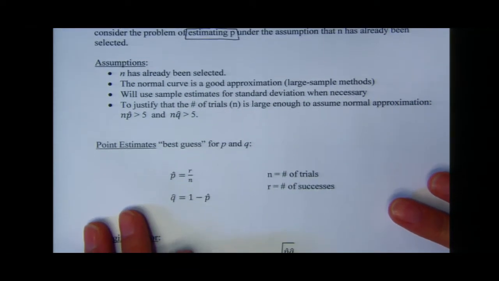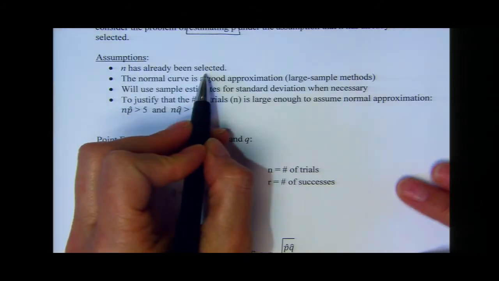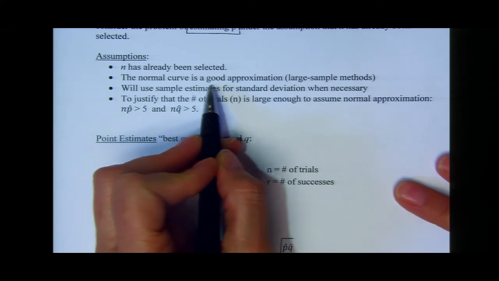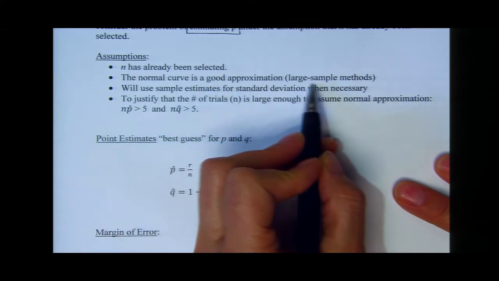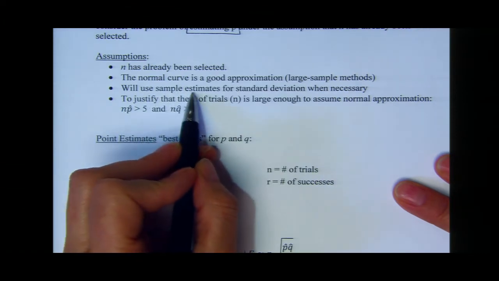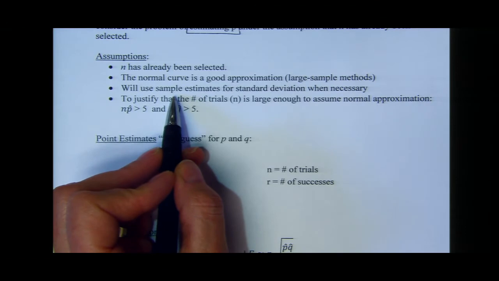So here are some assumptions that we are going to make. N has already been selected. The normal curve, meaning the bell curve, is a good approximation, large sample methods. We will use sample estimates for the standard deviation when necessary. So this is just saying if sigma is unknown, you can use S, the sample standard deviation.